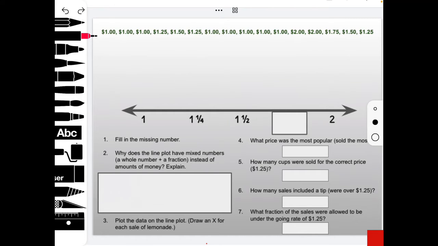So the first one is fill in the missing number. That's talking about this right here. I probably should have drawn an arrow to it when I was making this little assessment. This line reminds me of inches, where we have 0 inches to 1 whole inch.